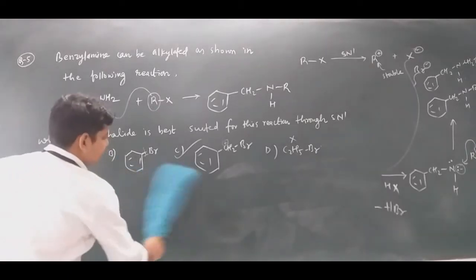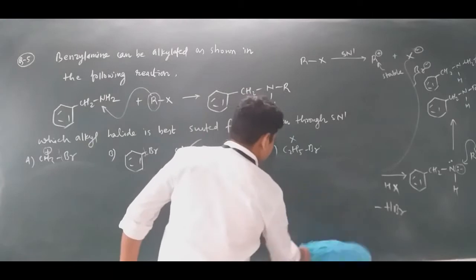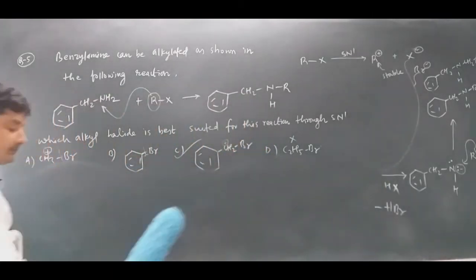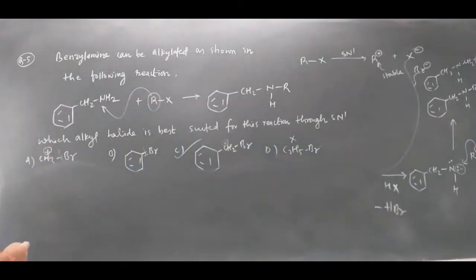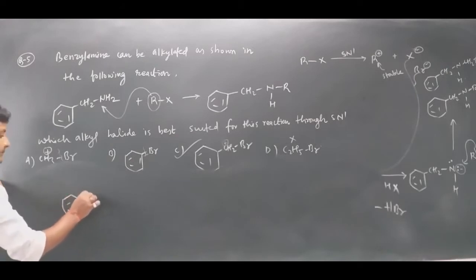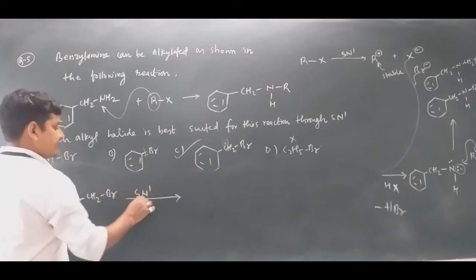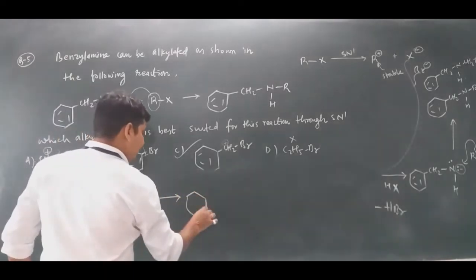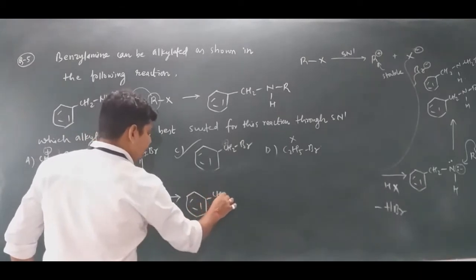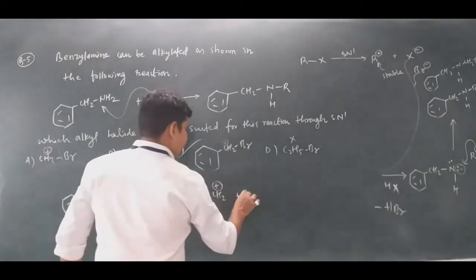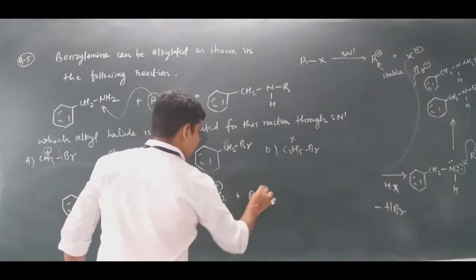what will happen here? See here. We have this alkyl halide. When it proceeds through SN1, we have benzyl carbocation and this Br minus.